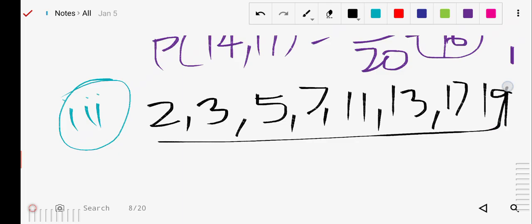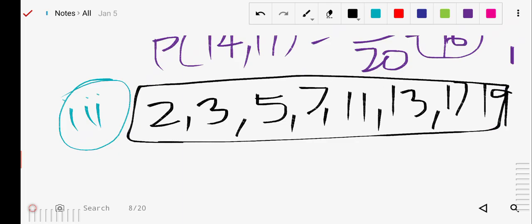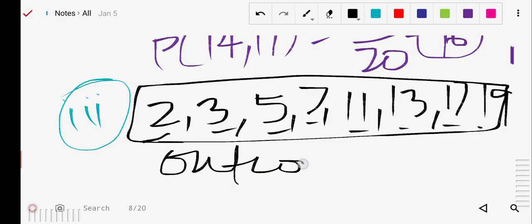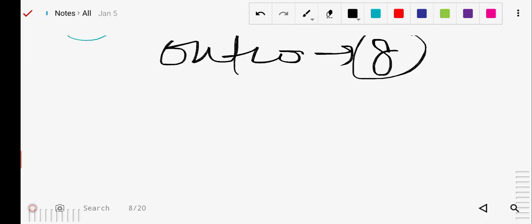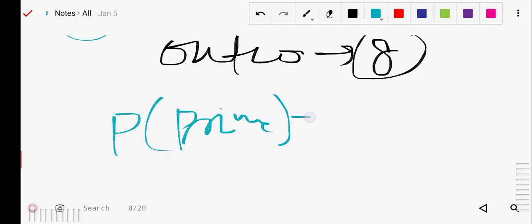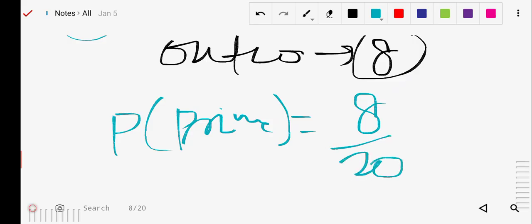These are the numbers which come under 1 to 20. Count them: 1, 2, 3, 4, 5, 6, 7, 8. So the outcome is 8. Now we will get the probability. Probability of a prime number is 8 by 20. You can solve it and you will get 2 by 5.